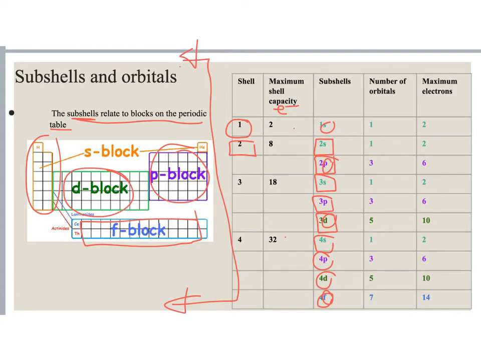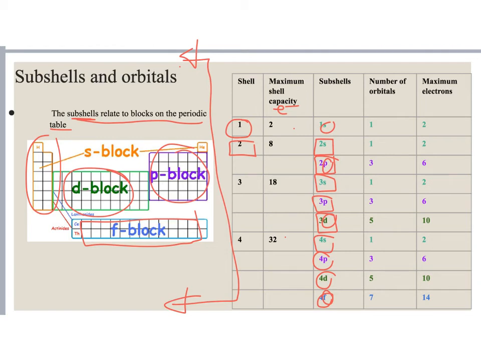Then we go on from the subshells, we actually go into the number of orbitals. So an S subshell has one orbital, a P has 3 potential orbitals, and a D has 5 potential orbitals, and F has 7. You do not need to know this, by the way, so don't stress. But each of these orbitals can hold 2 electrons.